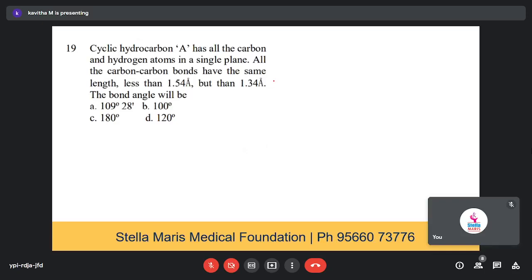It is a cyclic hydrocarbon, so a closed ring structure, and the single bond length is 1.54 and the double bond length is 1.34. If the length is in between these two, the carbons will have partial double bond and partial single bond character. So there should be alternate single and double bonds. It is nothing but the benzene ring, an aromatic ring.